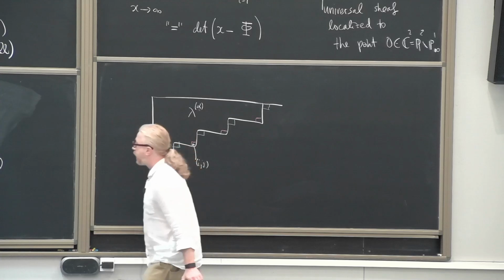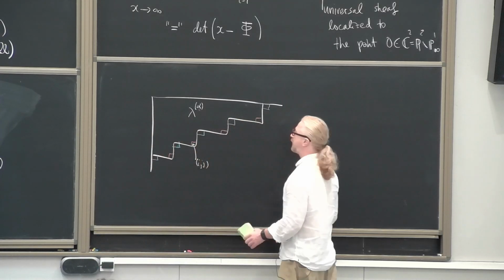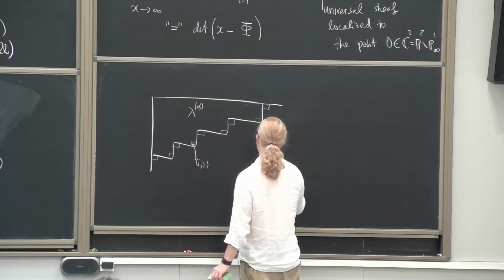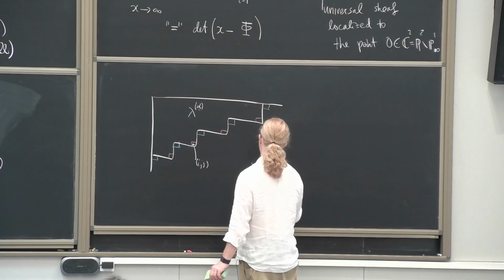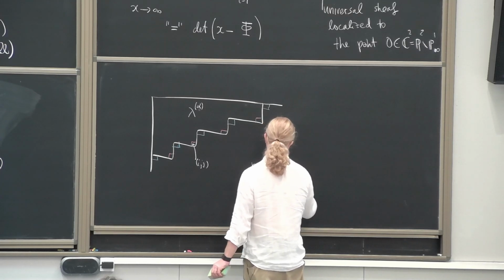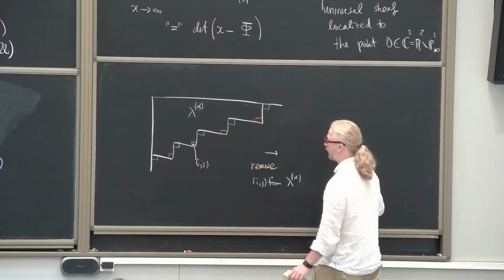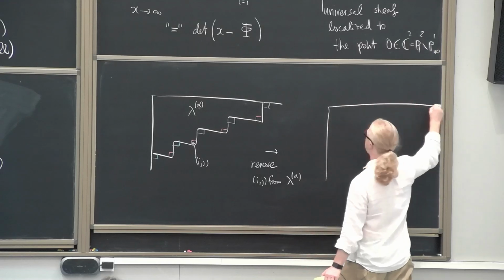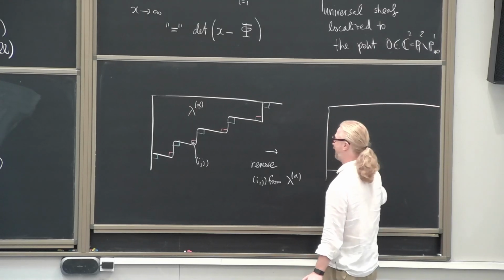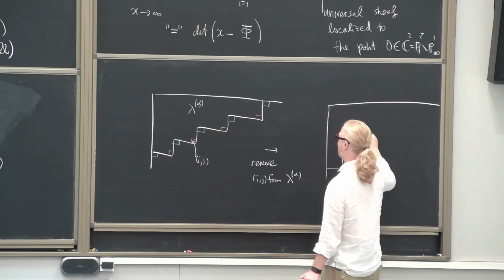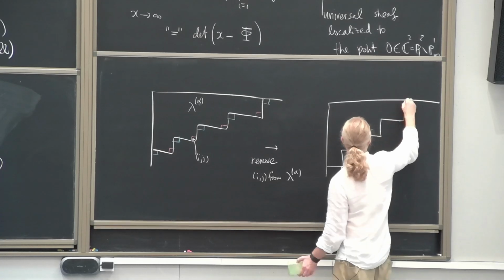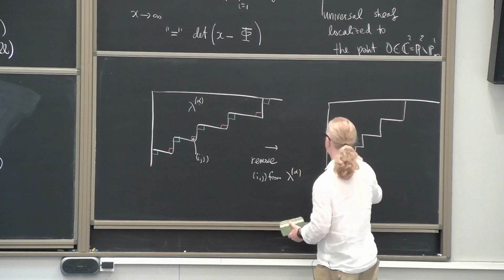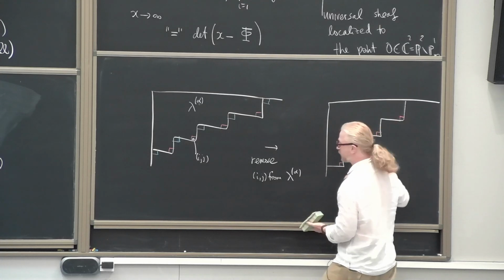But now let's do the following. Let's remove ij from lambda alpha. Unfortunately, it would be great if we could just copy and paste. So this is where it was.